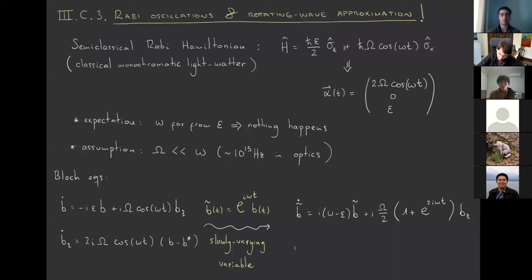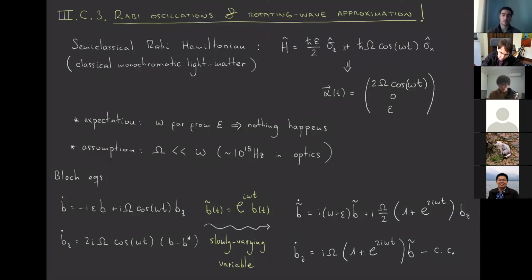Okay, and then similarly for B tilde, we can write it as i omega, and then 1 plus e^{2i omega t} B tilde minus the complex conjugate. Okay, so this means complex conjugate.